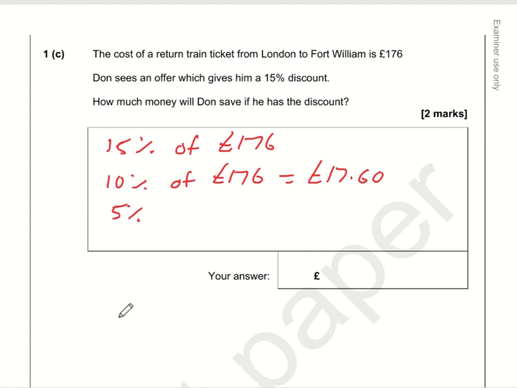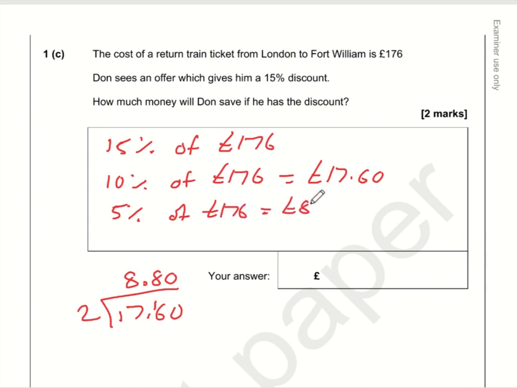So let's just work out, well, what is 1760 divided by 2? 17 divided by 2 is 8 with a remainder of 1. 16 divided by 2, 8, 0. So 5% of 176 is £8.80. So therefore 15% is going to be these two amounts added together.